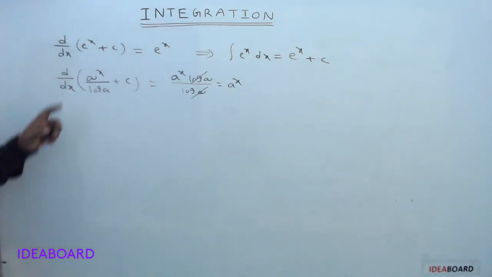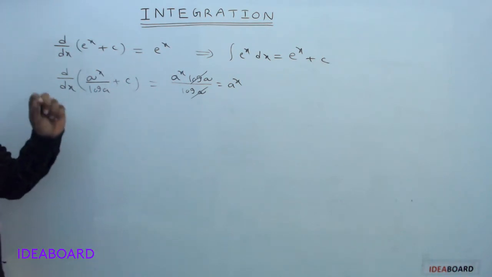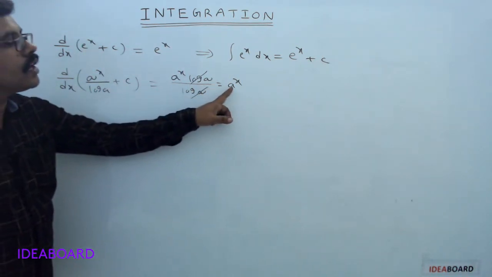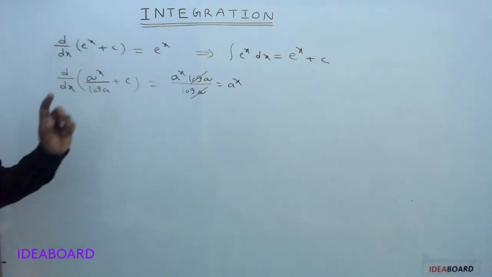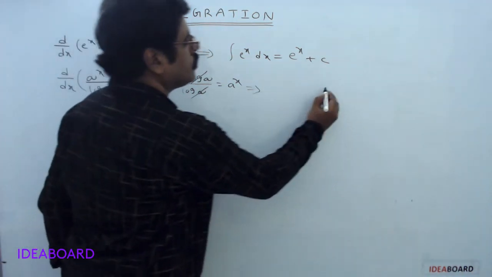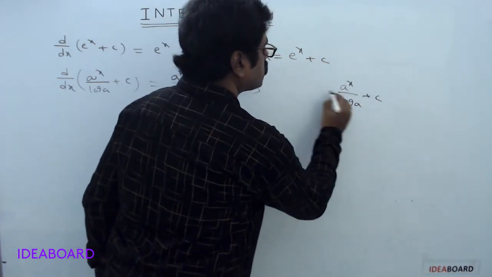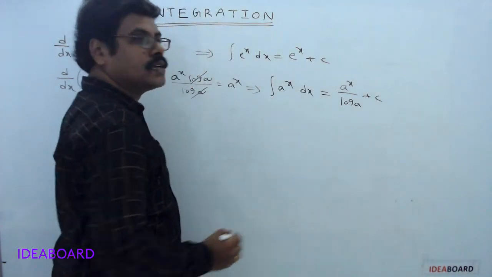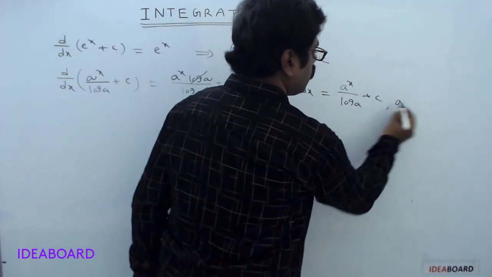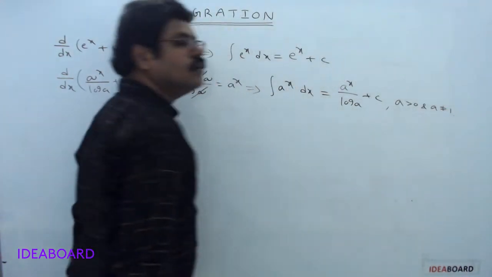Now from this, a power x divided by log a plus c is called integral of a function a power x with respect to x, and it can be written as a power x by log a plus c equals to integral a power x dx. Here a is positive and a not equals to 1.